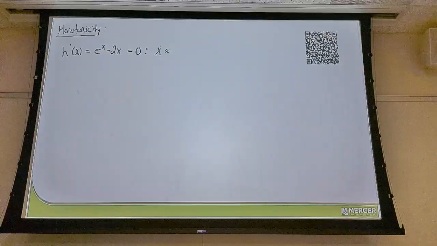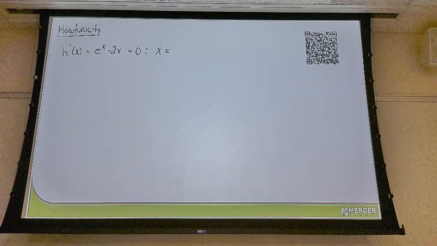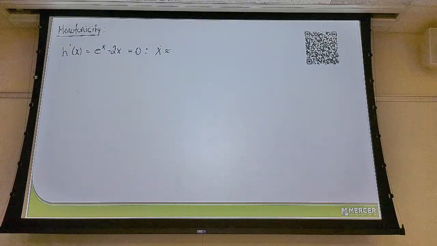Oh, I can't trust this. This is saying one of the zeros is 0. E to the 0 is 1. 1 minus 0 is not 0. Oh, dear.